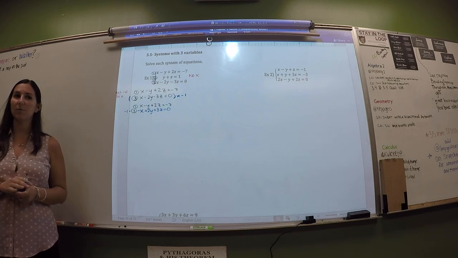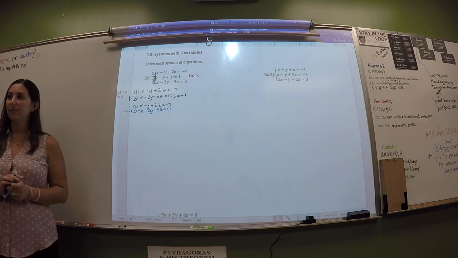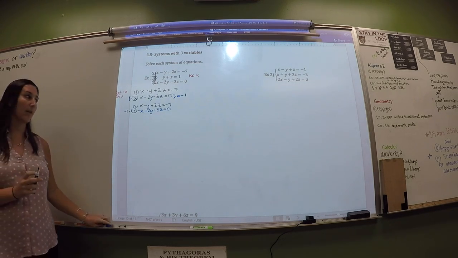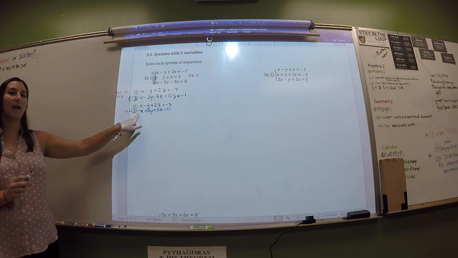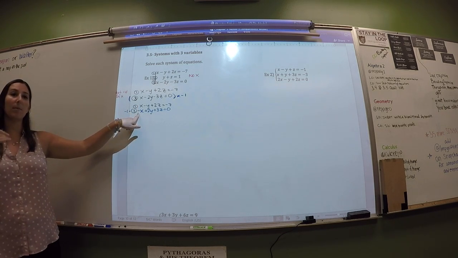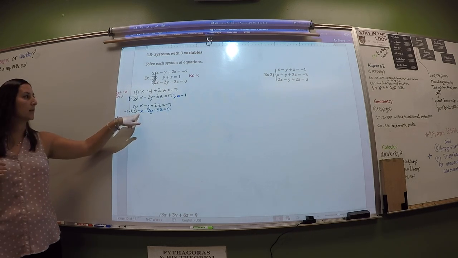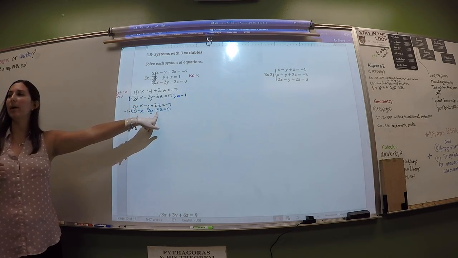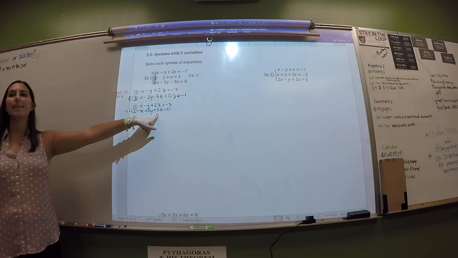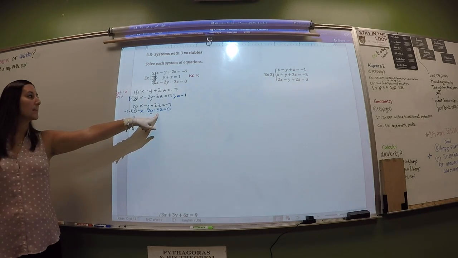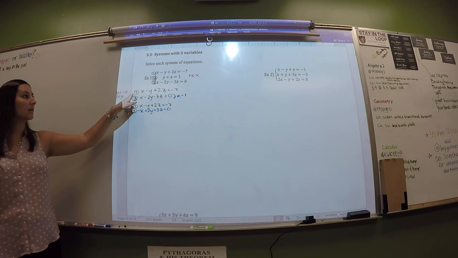Okay, so all we did was just multiply that by a negative. And the reason we're doing that is so that the numbers in front of x are the same number but opposite signs. So you get the 3z? It was a -3z, and I multiplied by a -1, and it became +3z. What did you do with the second equation? That's this one right here.